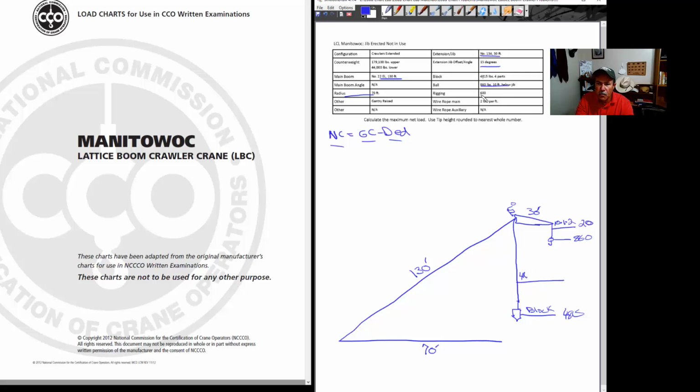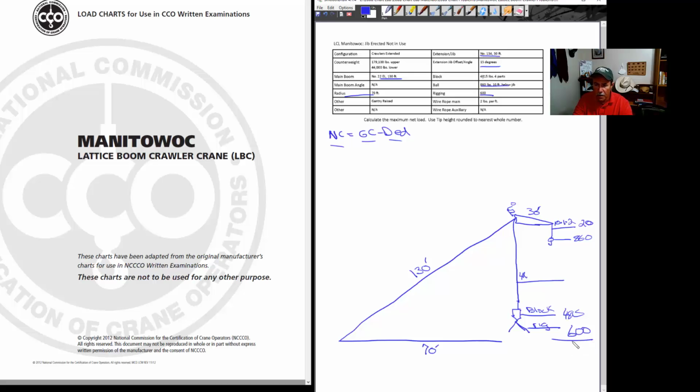We have 600 pounds of rigging. And I like to use an open triangle to represent my rigging in my diagram. And again, the rigging weighs 600 pounds. Go ahead and label it so you keep track of what is what and where is what and so on.